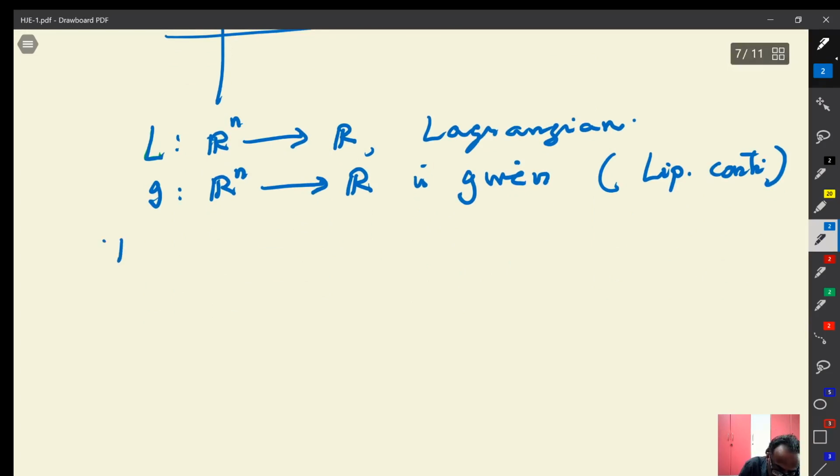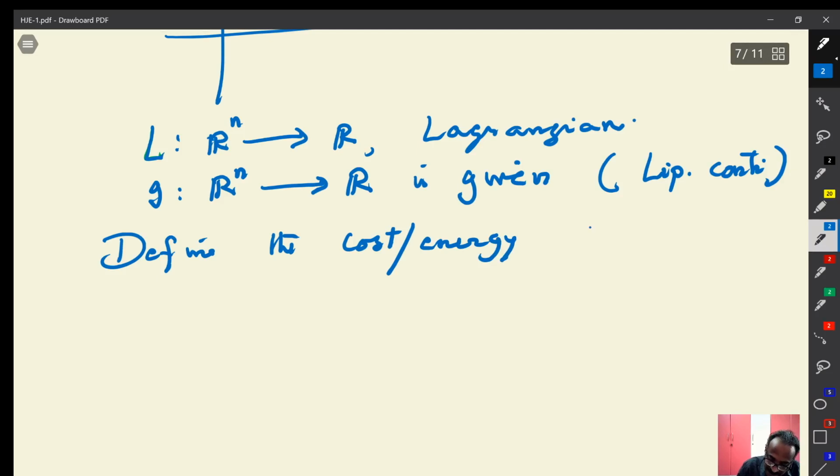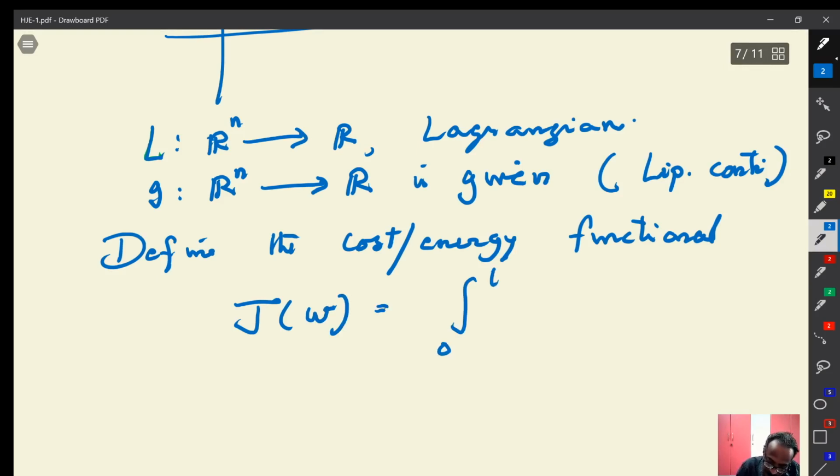So define the cost or energy functional. You call it cost or energy, depending on the physical applications. J of W is the integral from 0 to T of L of W prime of s ds plus G of W at 0.